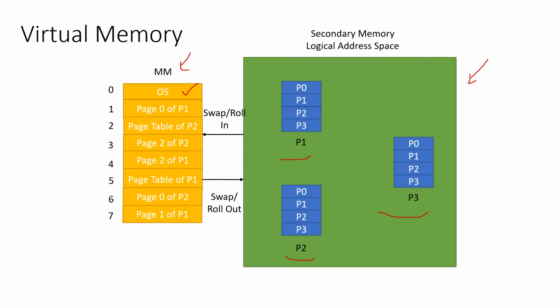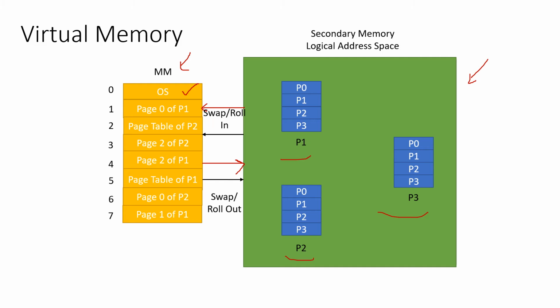I have also mentioned the process number P1 here and the corresponding page. So what is the system doing every time? It is swapping in and swapping out. Just now I told you what is swap in and swap out.